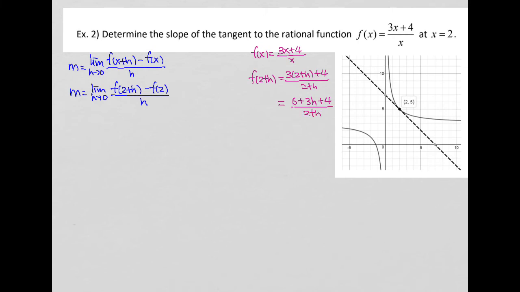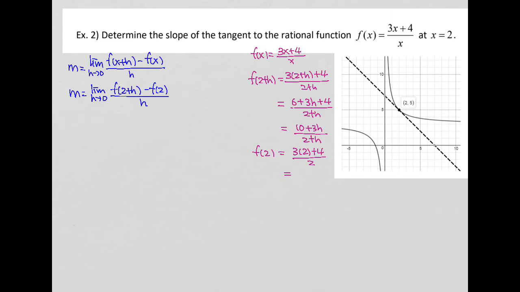Expand the numerator and collect the like terms. After that, we find f at 2. That will be 3 times 2 plus 4 divided by 2. That will be 10 divided by 2, which is 5.